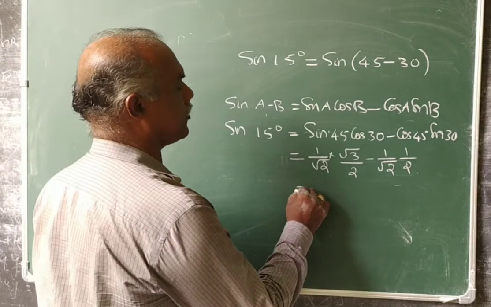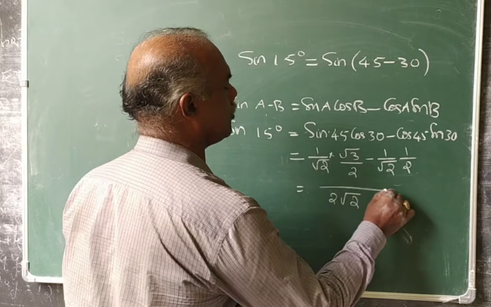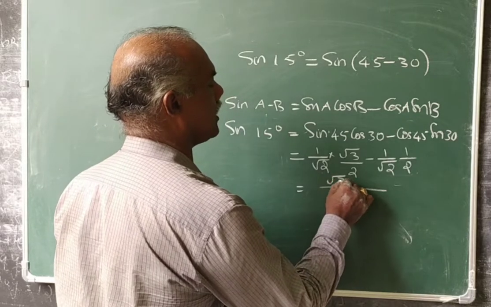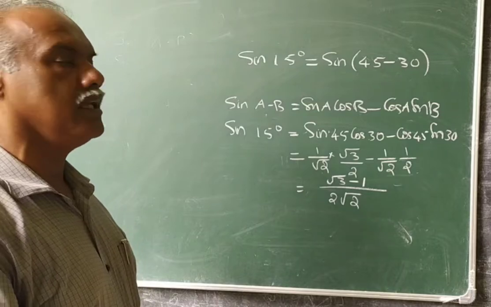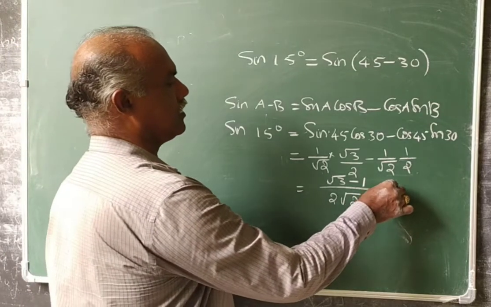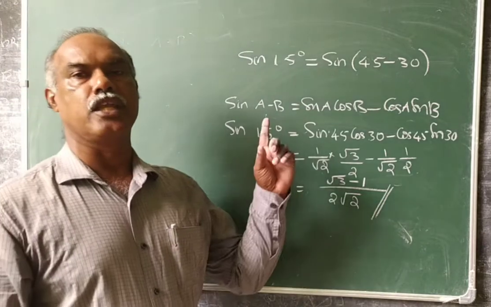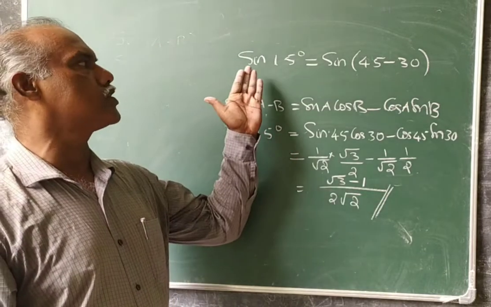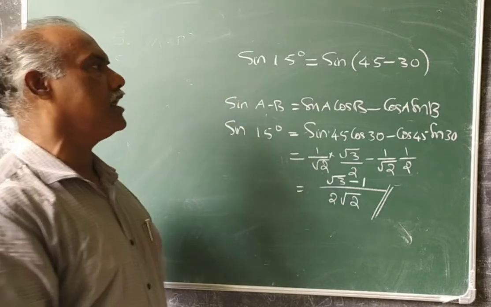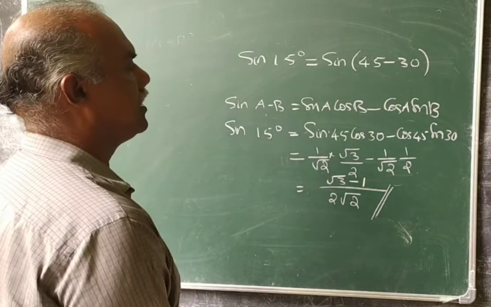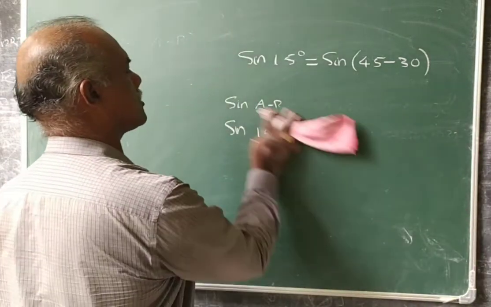So this is equal to, the denominator is common, 2 root 2, and the numerator is root 3 minus 1. Root 3 minus 1 by 2 root 2. So whenever you have to find out trigonometric ratios of 15 degrees, we take this as 45 minus 30 and the concerned result is used.